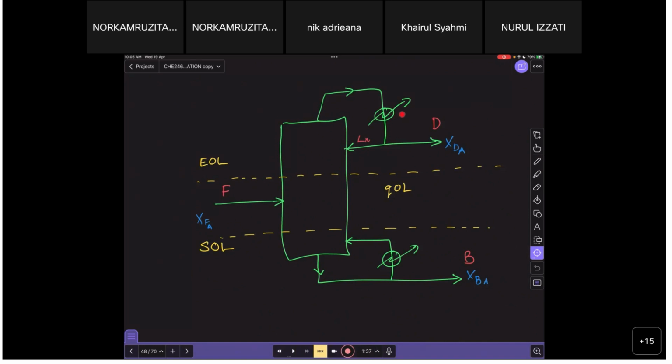You only get a reflux ratio when you have a recycle stream into the column. Once you collect the vapor at the top of the distillation column, you condense it, and then you have two sections. To the right is where you collect your distillate product, and to the left is where you allow the liquid to be fed back into the column.